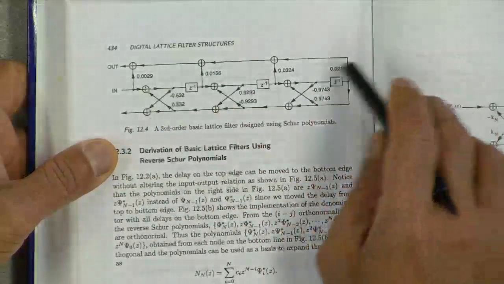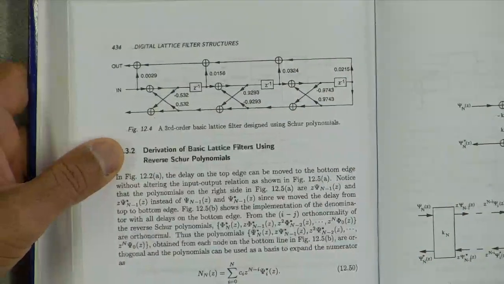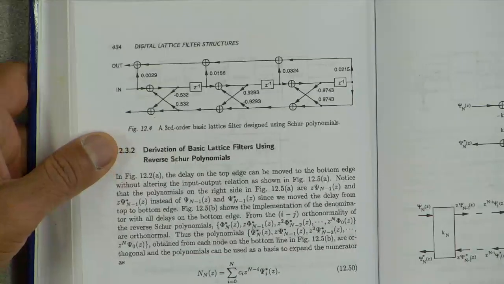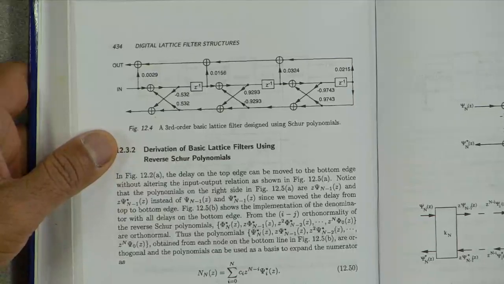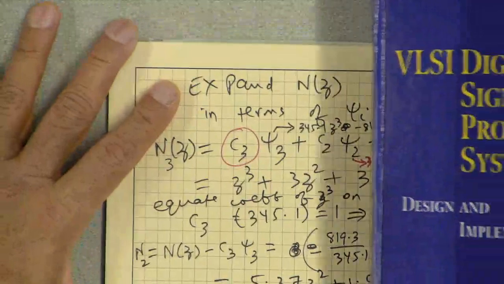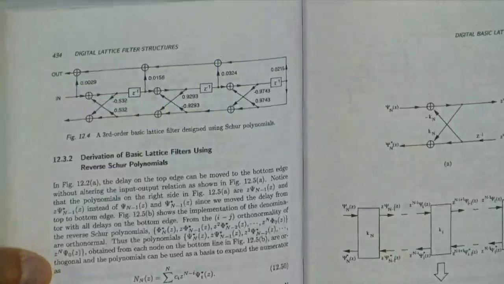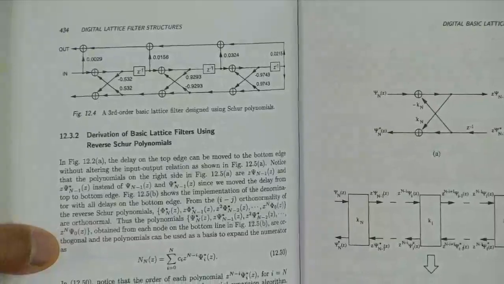But that's the basic essence of the lattice filter. I'm not going to start the normalized lattice today because we just have a couple of minutes left, but it's probably okay to point out some things.